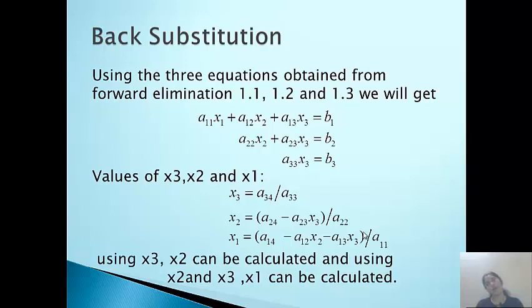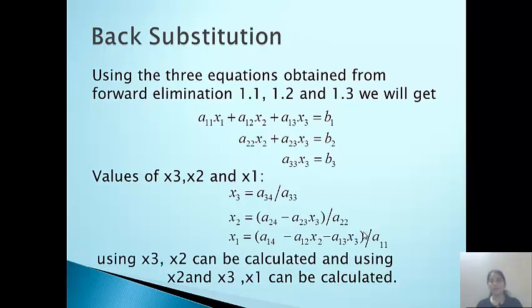Now the values of x3, x2 and x1 can be calculated using these equations. x3 equal to a34 upon a33, x2 equal to a24 minus a23 into x3 upon a22, x1 is a14 minus a12 x2 minus a13 x3 divided by a11.